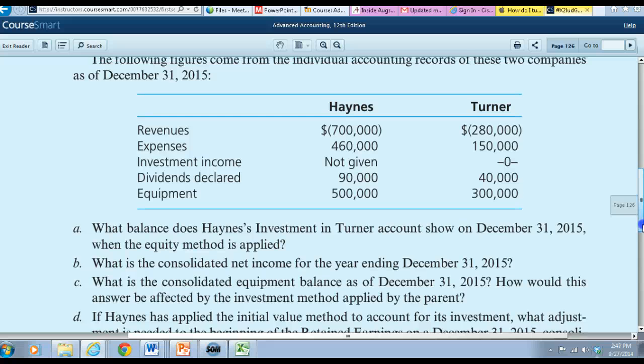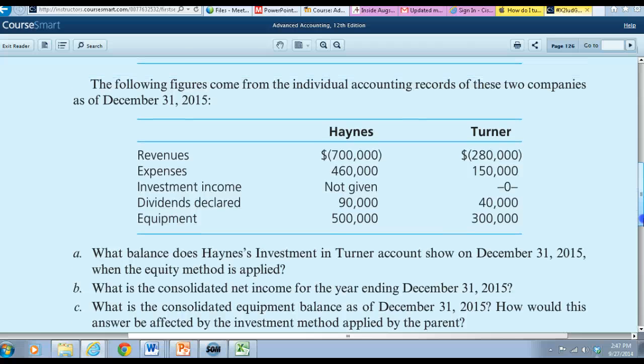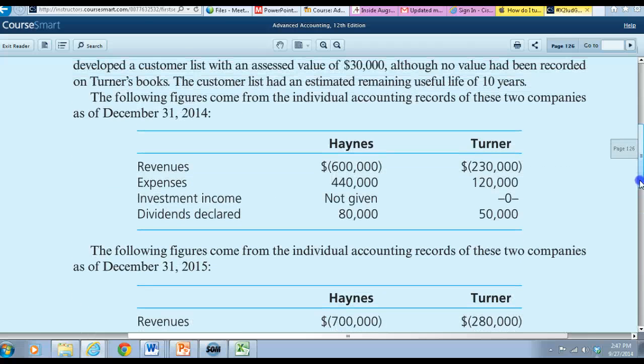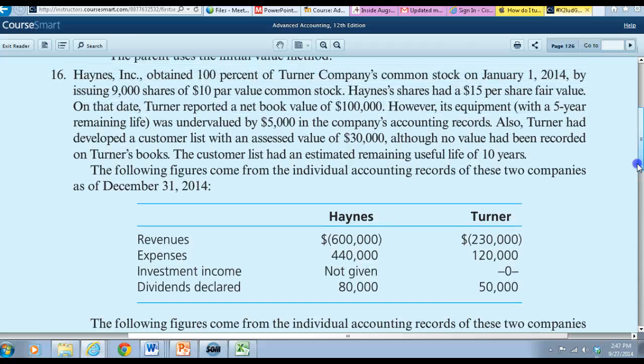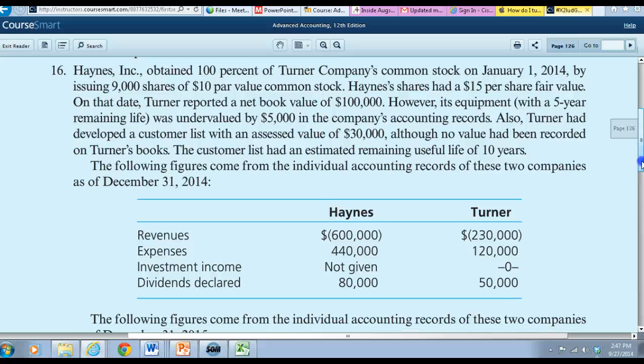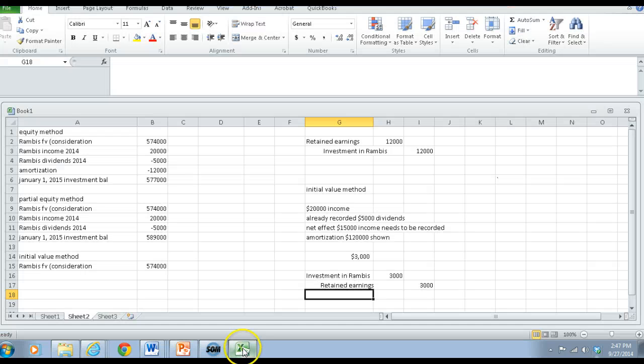So we're going to calculate the investment Haynes has in Turner as of 2015. I'm going to do it very similar to how we did the previous problem. We start with the consideration given, or the fair value of Turner. It showed 9,000 shares at $15 a share was the consideration that was paid.